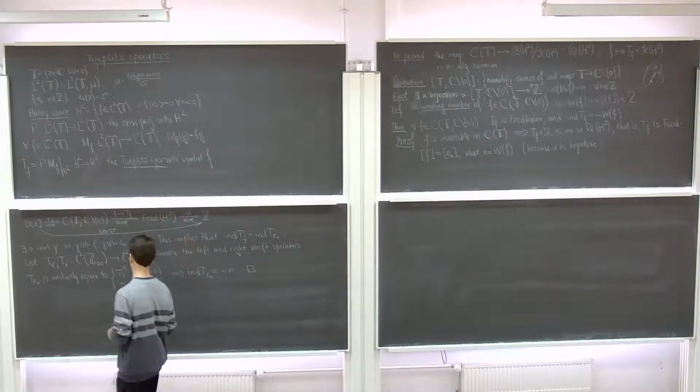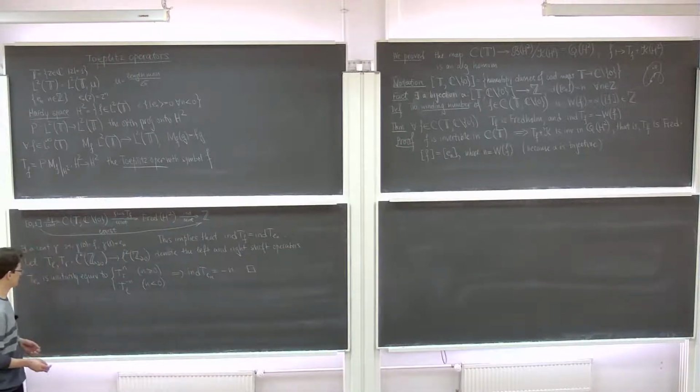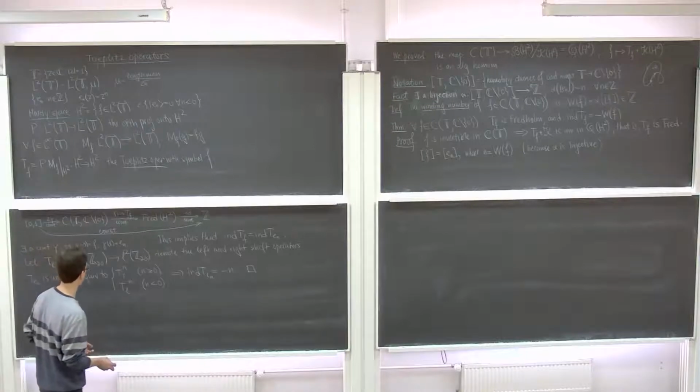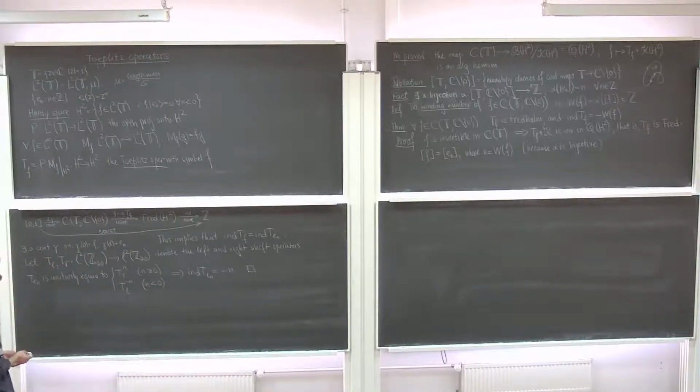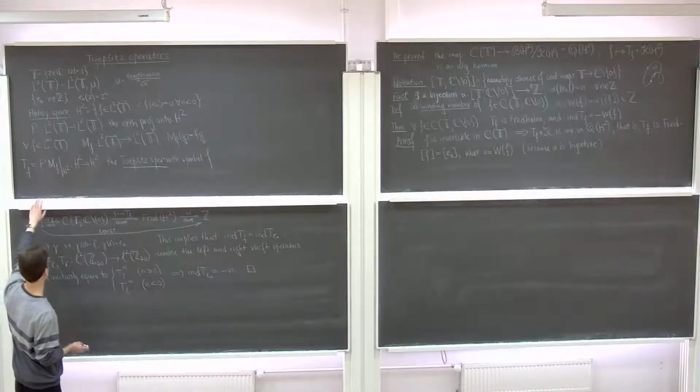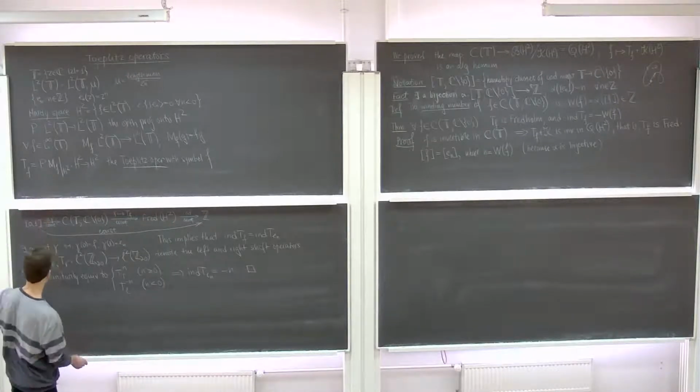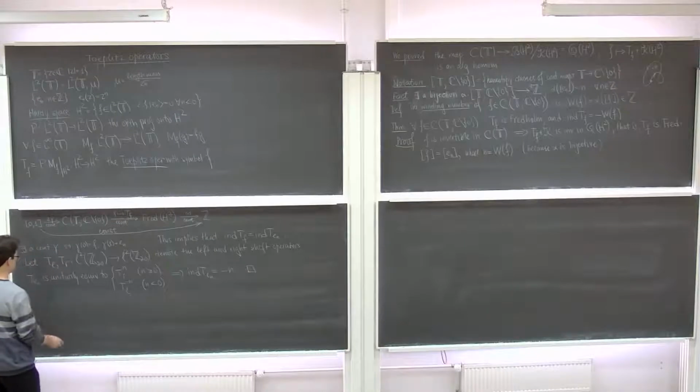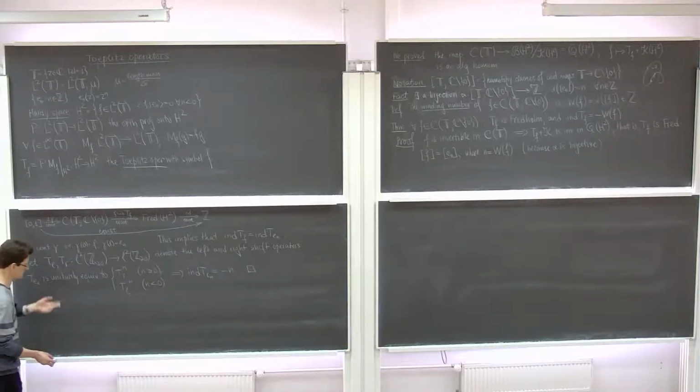Well, if two operators are unitarily equivalent, then their indices are the same, of course. Yes, but how do we know that they are unitarily equivalent? I could say that this is a little exercise, but in fact, I have already almost explained this. The space little l2 also has a natural basis.